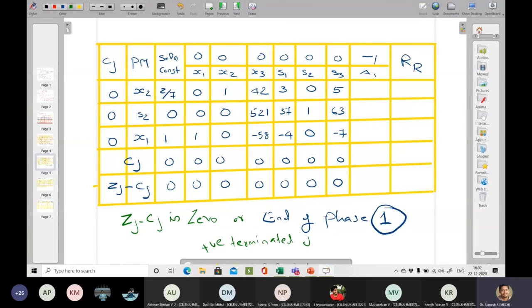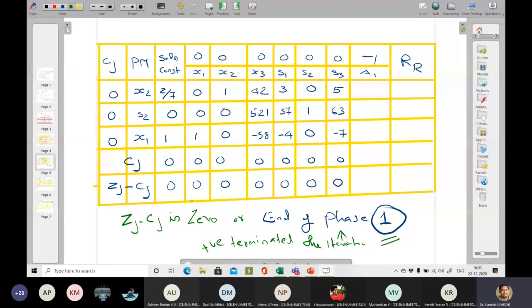Now you have to take care of one thing. When phase 1 ends, we have to ensure that no artificial variable is present under the solution, under the product mix column. If an artificial variable exists at the end of the complete iteration, the problem will not have any solution.